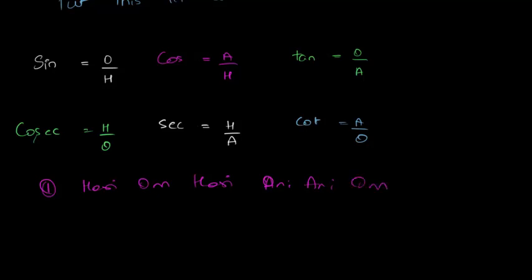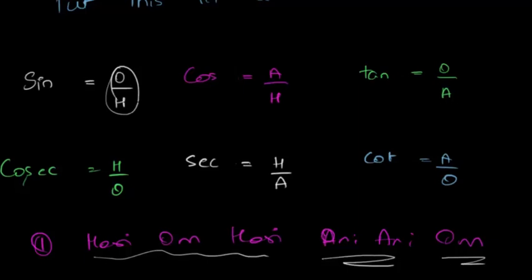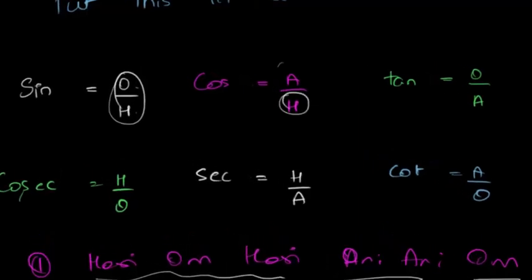As soon as you get up, you go Hari Om, Hari. Then you count your knowledge or your money two times a day, Ani, and you go Om. End of the day, right? So how is this useful? Over here we have Hari Om, Hari, Hari Om, Hari, Ani, Om.